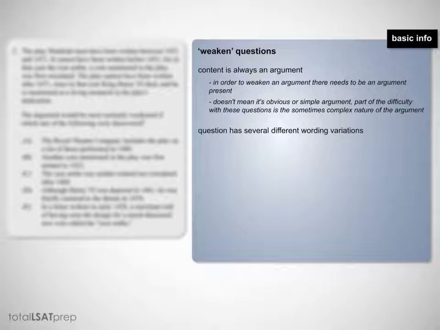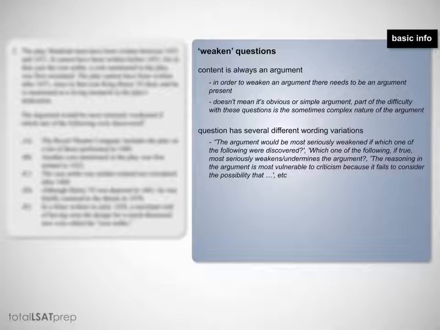The question has several different wording variations. So here we have, the argument would be most seriously weakened if which one of the following were discovered. So we have seriously weakened, obviously lets us know that it's a weaken question. We could also find which one of the following, if true, most seriously weakens or most seriously undermines the argument.